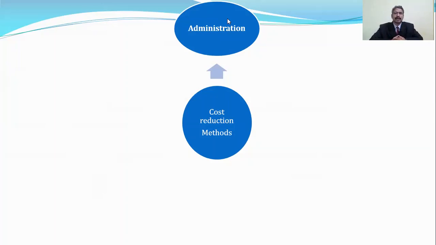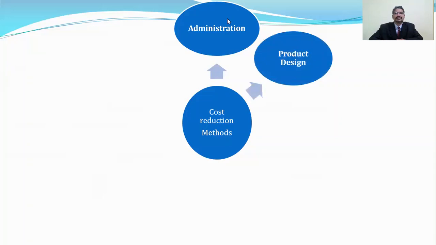Administrative factors have no relation with production, but the cost of office expenses should get reduced if it is unnecessary, if it is extra. So extra or unnecessary cost of administration should get reduced. So this is the first method of cost reduction towards the office.